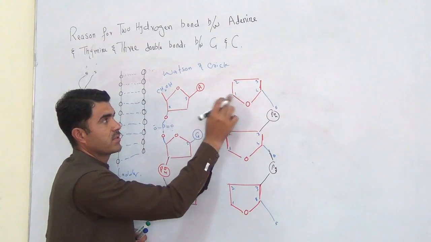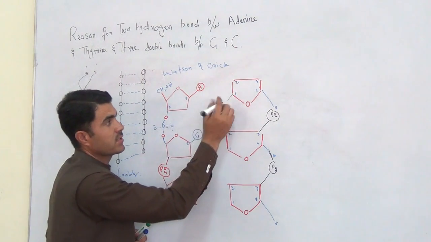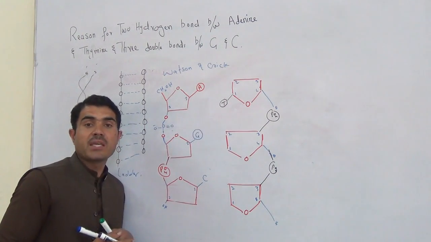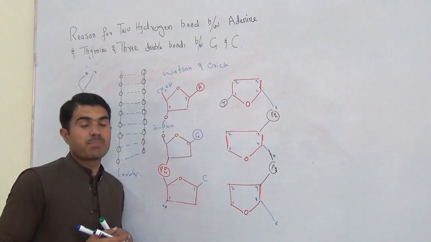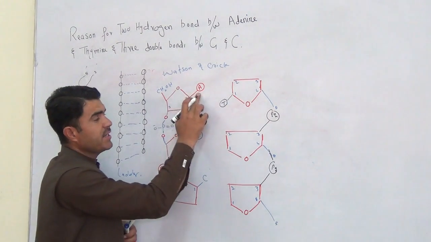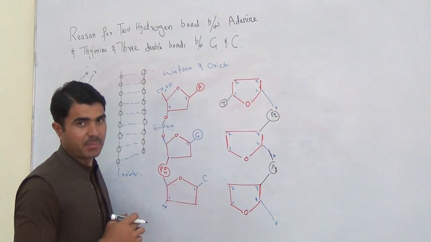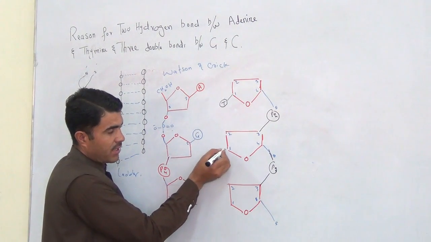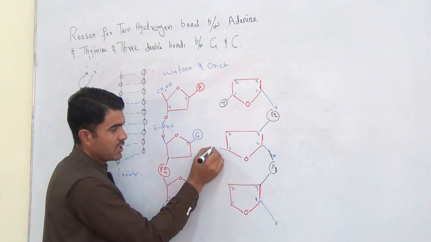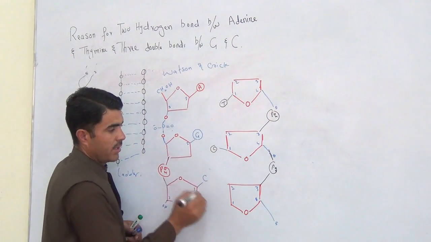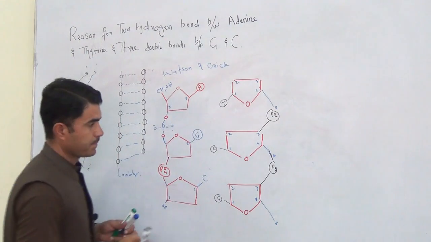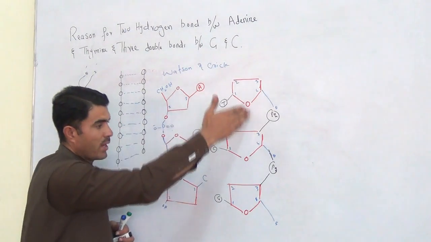So if it is nitrogenous base A, there must be thymine. This is called specific base pairing. Adenine is always linked with thymine, as I told you. And this time here, if it is guanine, there must be cytosine, and if it is cytosine, then there must be guanine.